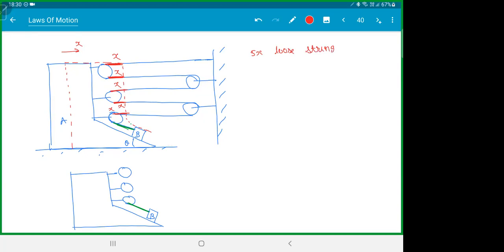So the only one who can take this is B. B will go 5x down. On top of it, B is also going forward with the wedge because it is standing on it. If you observe, this is also x forward. So B would have gone x forward, and 5x because of the loose string. So B actually has 2 motions.